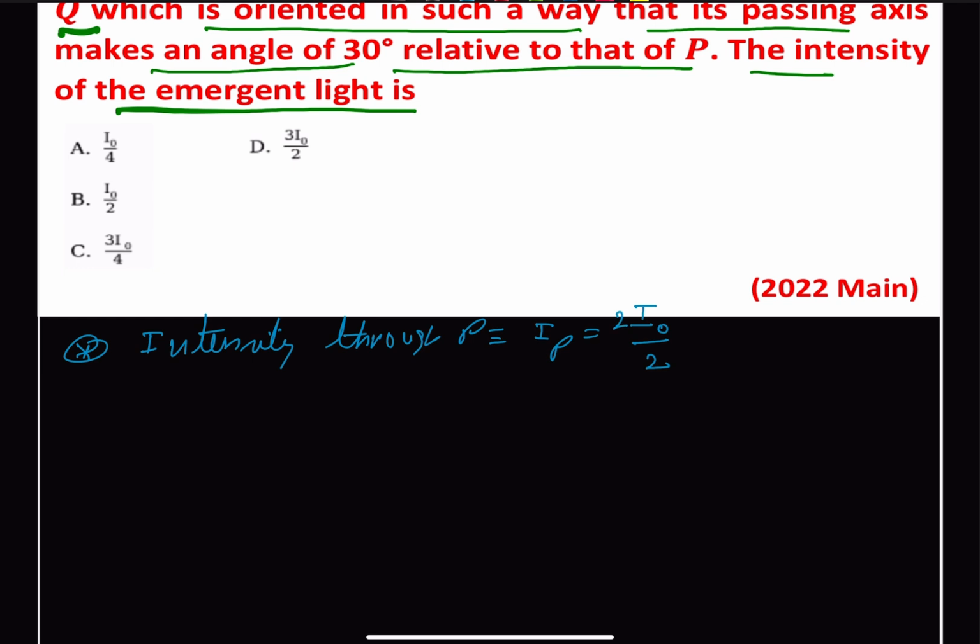So here 2 and 2 go away, so the IP comes as I0.